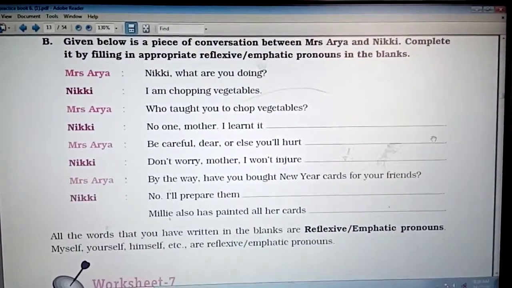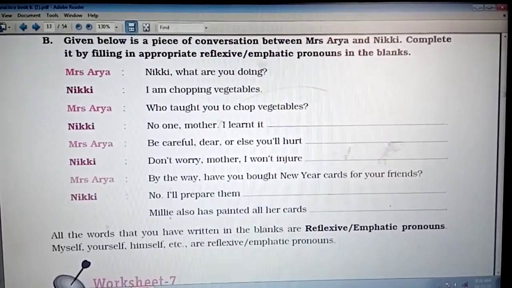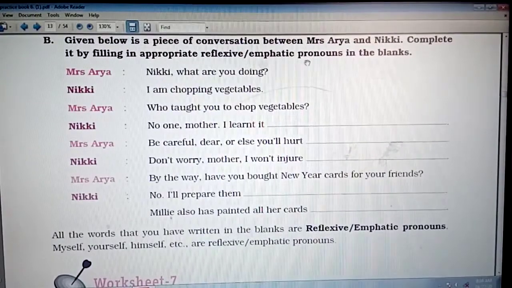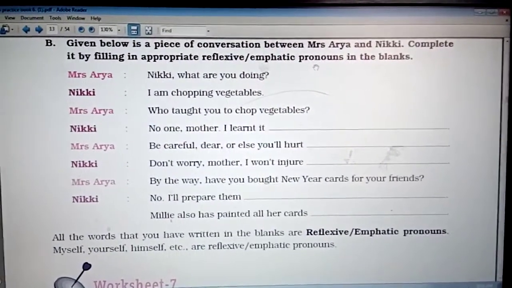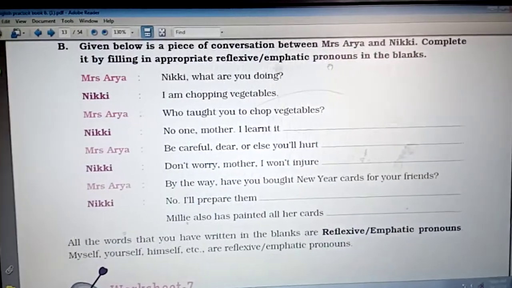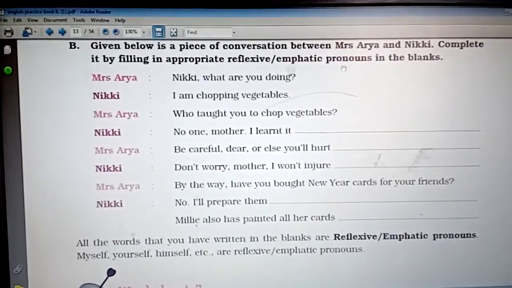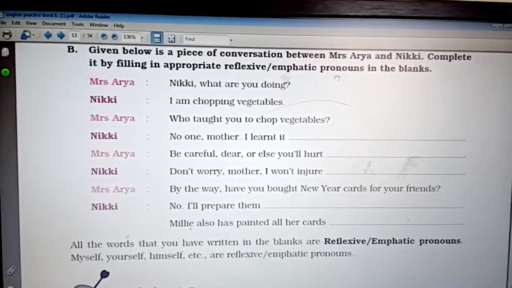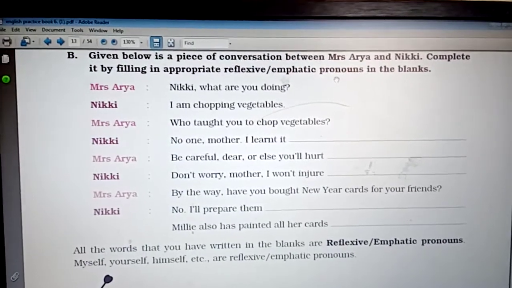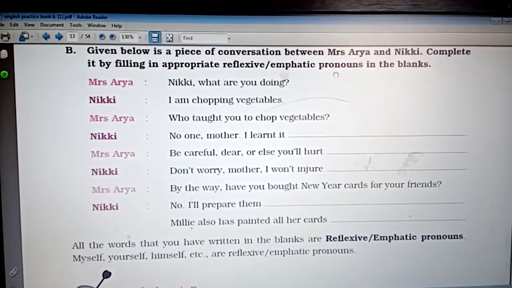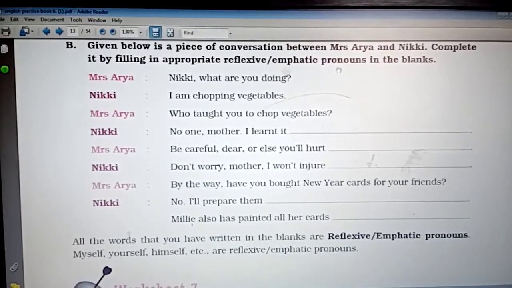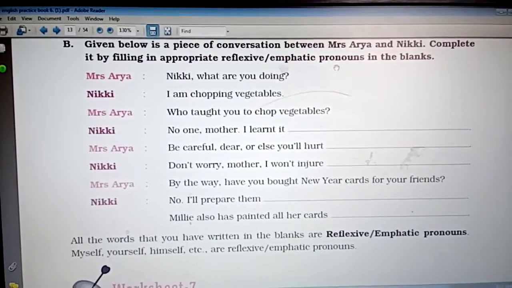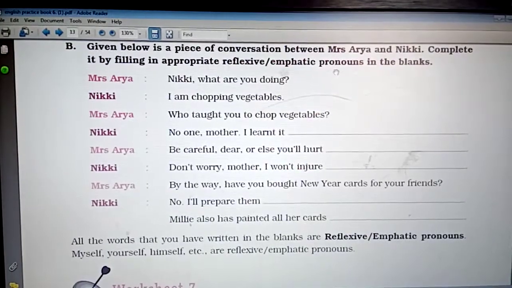A blank is there. You have to use a reflexive pronoun or an emphatic pronoun. Examples I have given you: himself, herself, myself, themselves, ourselves, and yourself. These all are the reflexive and emphatic pronouns. So, no one but mother.